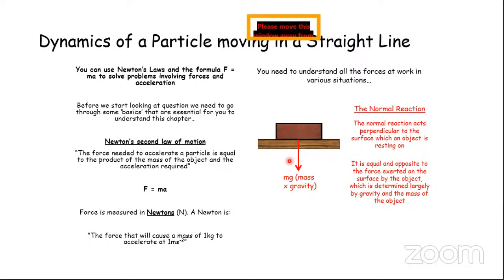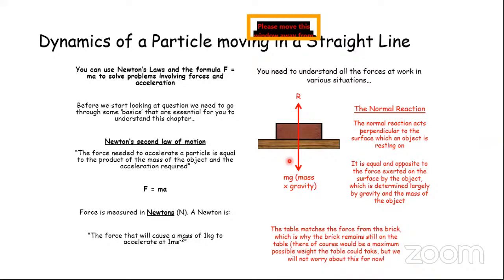So that is mass times g, mg. So where you meet g in mechanics, it means acceleration due to gravity. Then the reaction force, we said it acts upward, perpendicular to the surface on which it is resting, and we call it R.